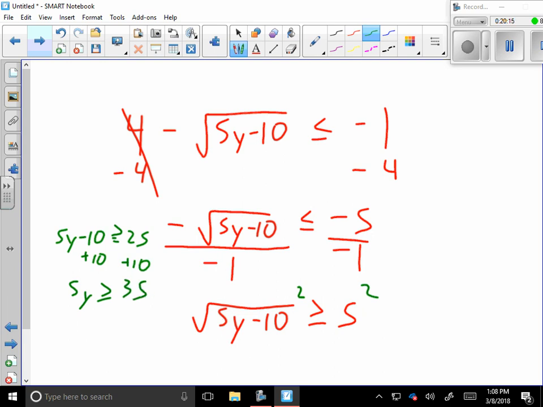Greater than or equal to 35. 5 by 5. So some of you had less than or equal to, and I figure you just didn't reverse the inequality. Some of you had a -7, and I'm not sure what you did, but I just figured you got your signs off.